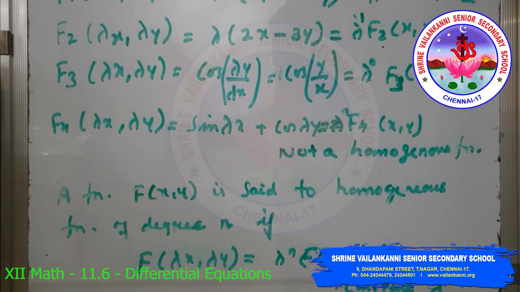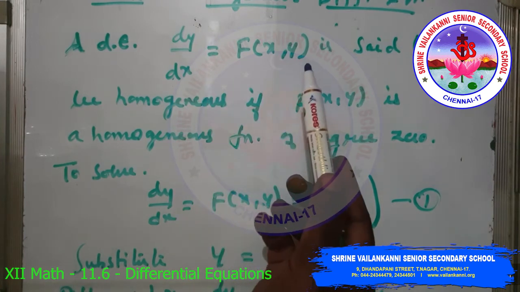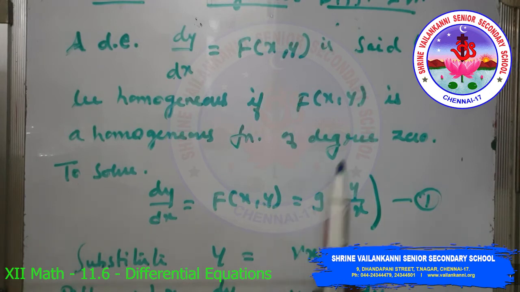We note that the above examples f1, f2, f3 are homogeneous functions of degree 2, 1, 0, and f4 is not a homogeneous function. Differential equations of the form dy by dx equal to f of x comma y is said to be homogeneous if f of x comma y is a homogeneous function of degree 0.